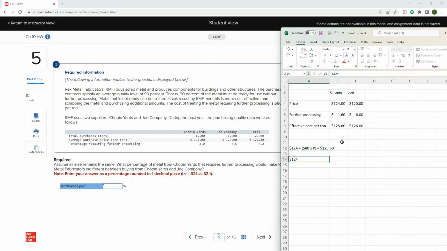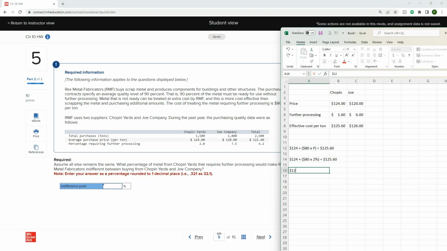So it looks like this: 124 plus $80 times 2% equals $125.60. So since the effective cost per ton is less than Joe's effective cost per ton, which is $126, then we're good. But we need to figure out how far up we can go.